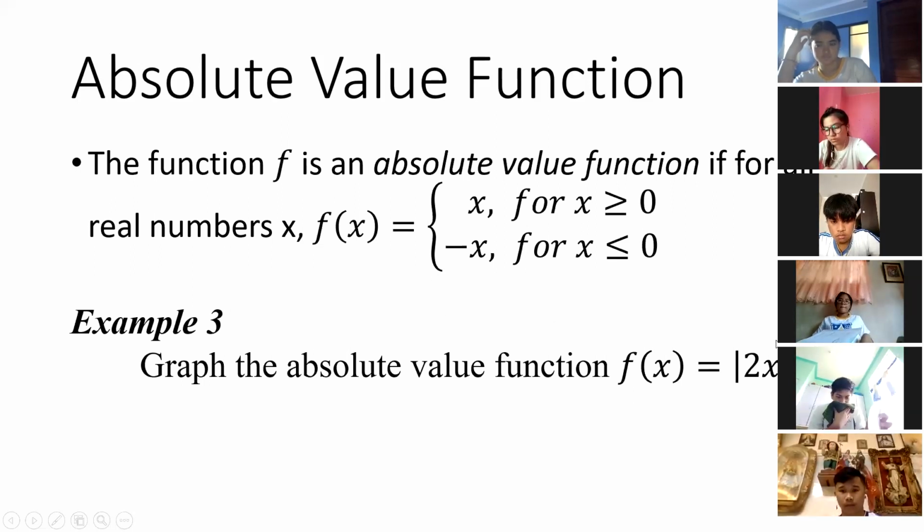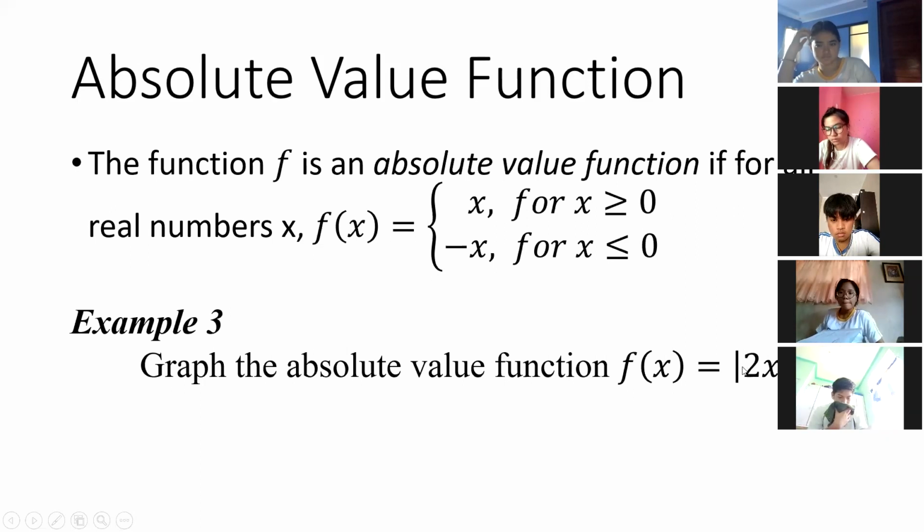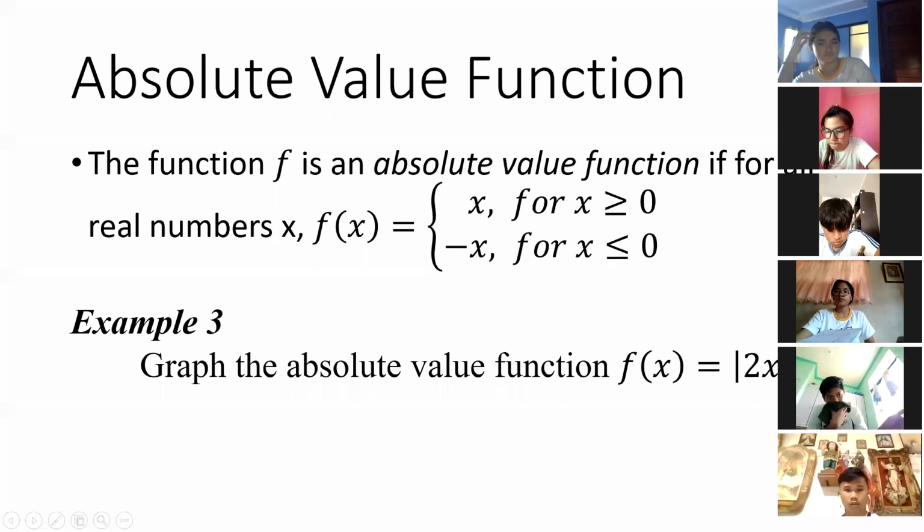In other words, the absolute value notation tells us that within the absolute value lies two distinct values: a positive value of this expression and a negative value of this expression.